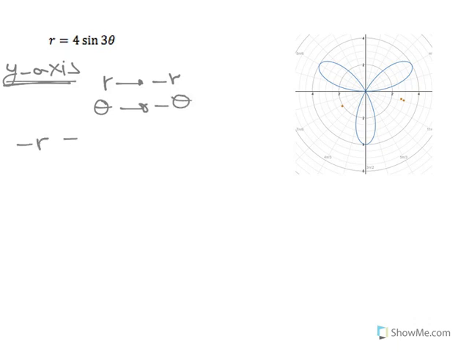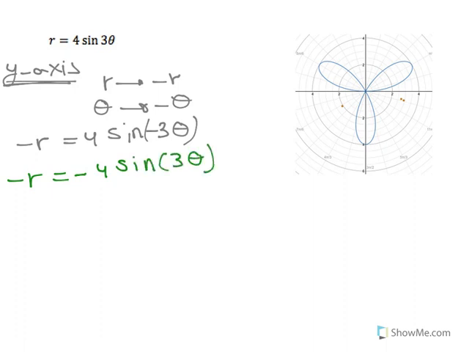So it'll be minus r equals 4 sine minus 3 theta. And we all know that sine is an odd function, so the negative would go outside, so it'll be minus 4 sine 3 theta, divided by minus 1, or multiplied by minus 1, so it'll be 4 sine 3 theta.